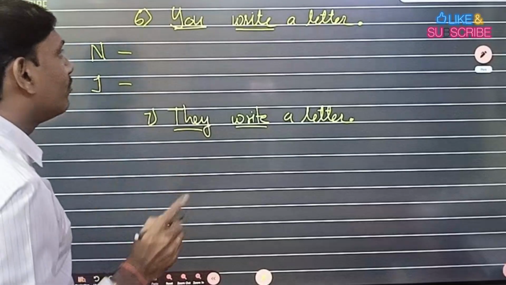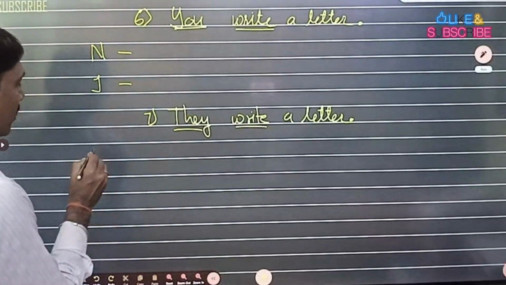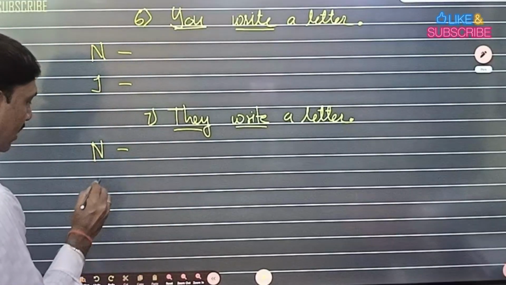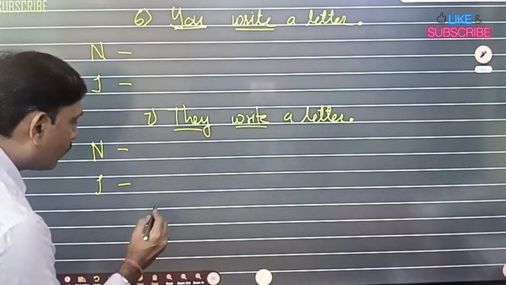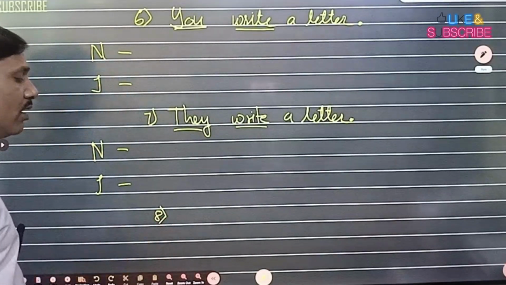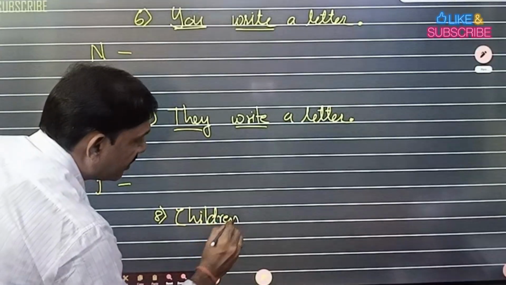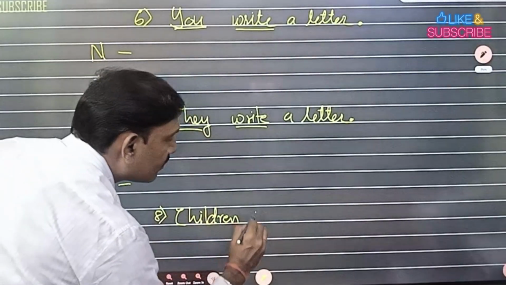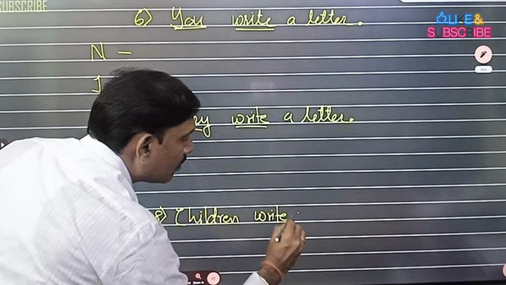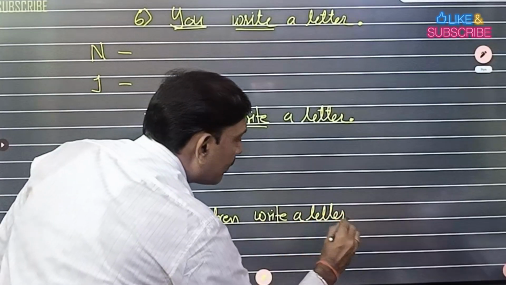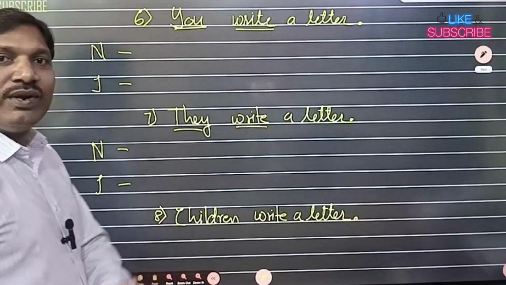Okay, students, this is very important to understand. So we will make negative as well as interrogative. Then one more example I would like to take here. Children is plural, so I have taken this. Write a letter. Okay, let's try to do it fast now.